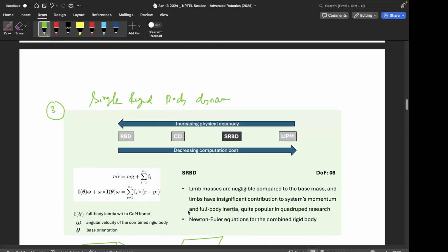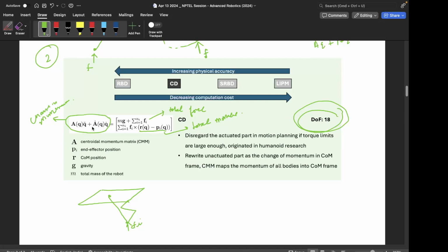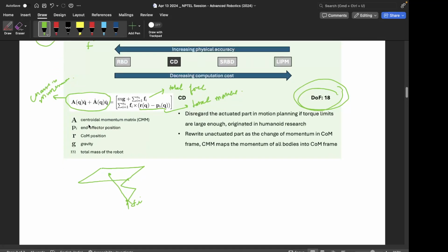So what we were looking at here, we were writing the change in the momentum of the entire robot, including the momentum of each and every link of the robot. But if the legs are light and they don't move that fast, the major momentum of the robot is due to the motion of the base.